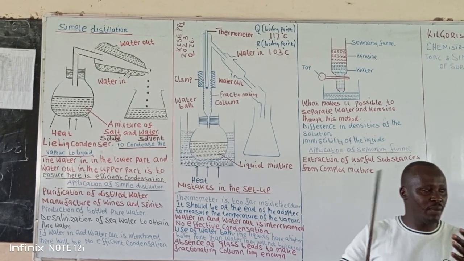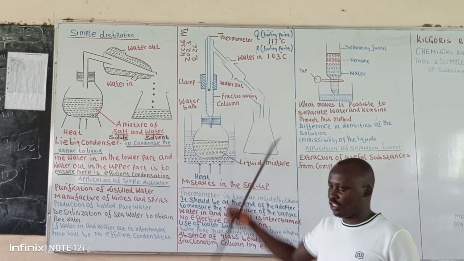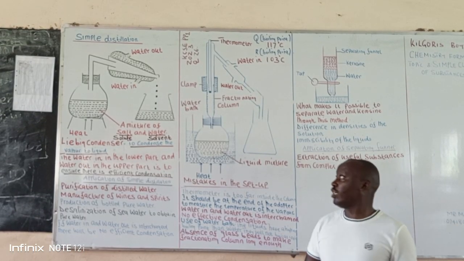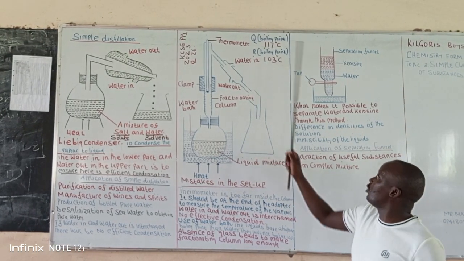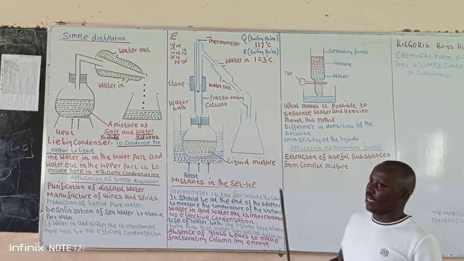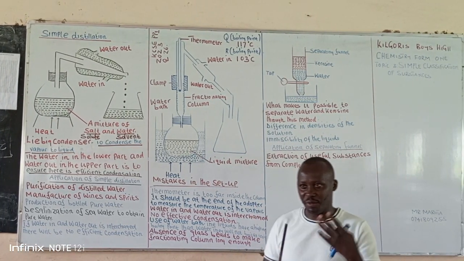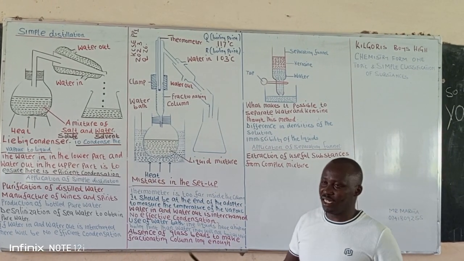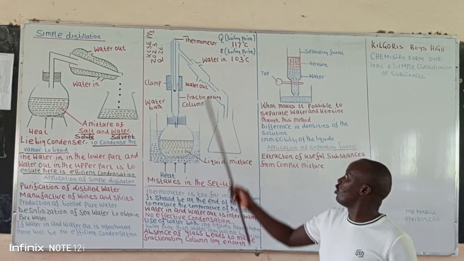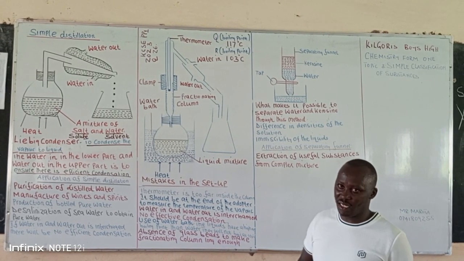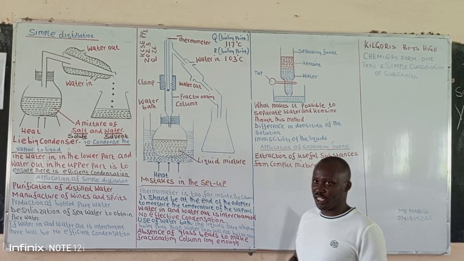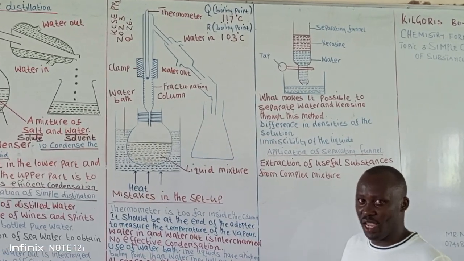There was this fractional distillation that was separating two liquids. One was liquid Q, which has a boiling point of 117, and the other was liquid R, which has a boiling point of 103 degrees. Of course we have water in, and then we have water out.